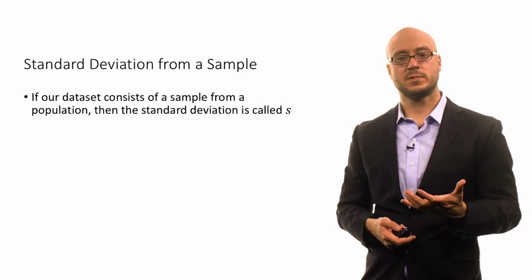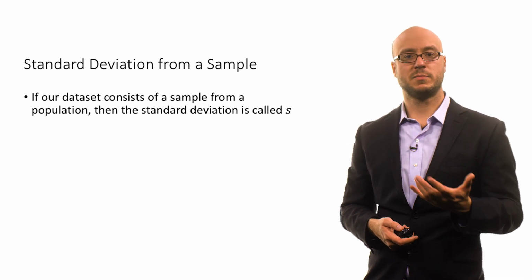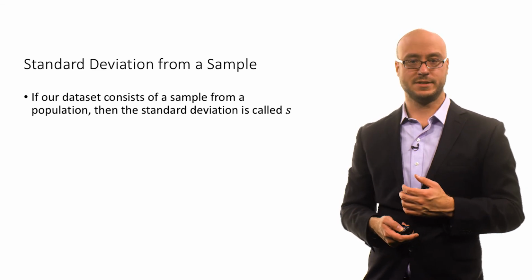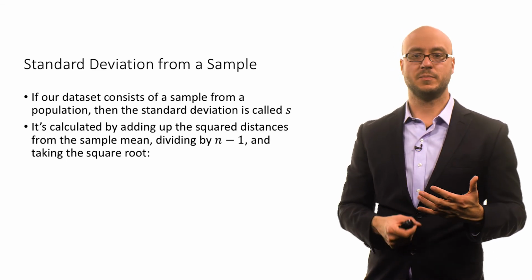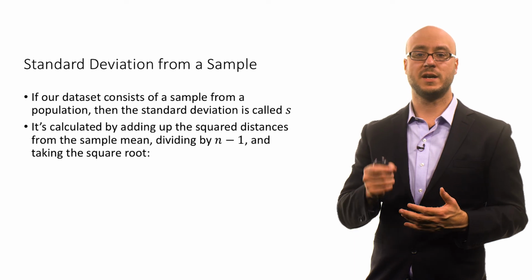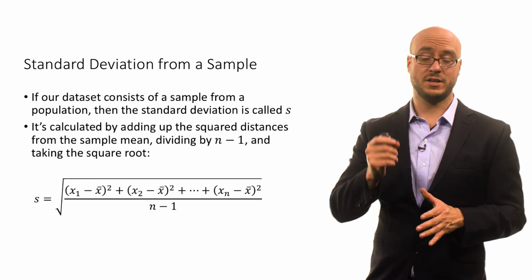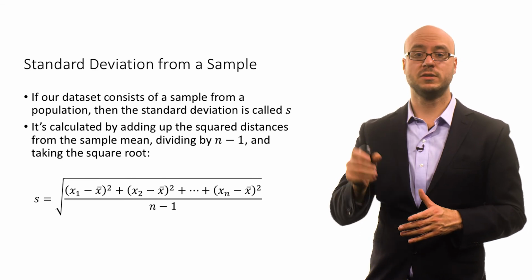So if our sample data set consists of a sample from a population, then the standard deviation is called S. It's calculated by adding up the squared distances from the sample mean, dividing by n minus 1, and then taking the square root. To put it another way, the standard deviation of a sample is just the square root of the variance of a sample. And with that, we've covered the basic ideas about spread or variation in a data set.